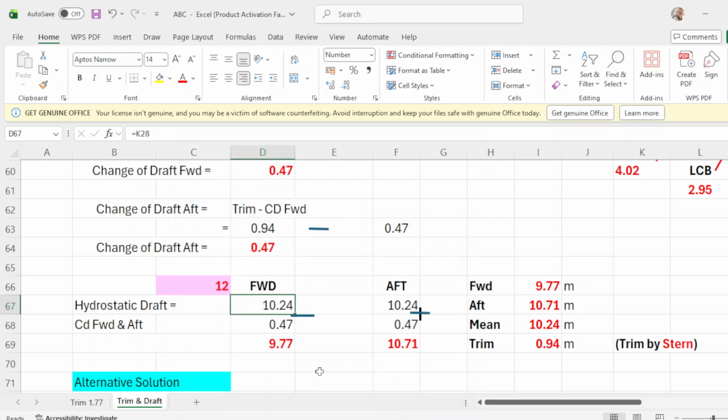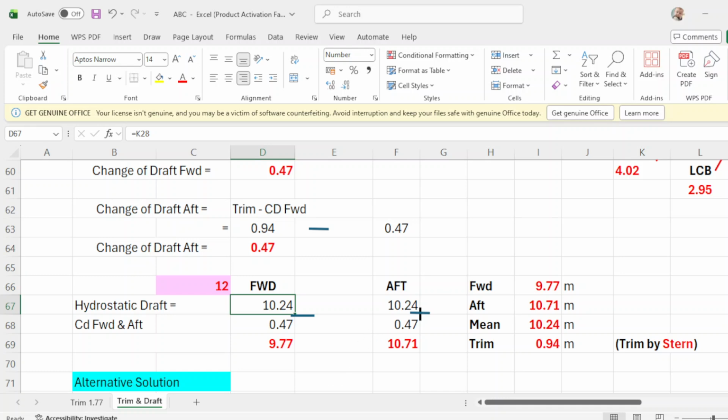Okay, like this. Apply your change of drop forward, change of drop up. You subtract this one, then you will have forward be 9.77, and up will be, you add the change of drop, then you have 10.71.